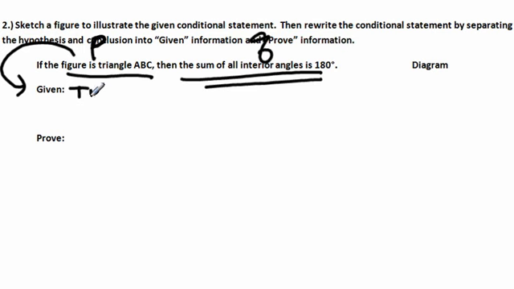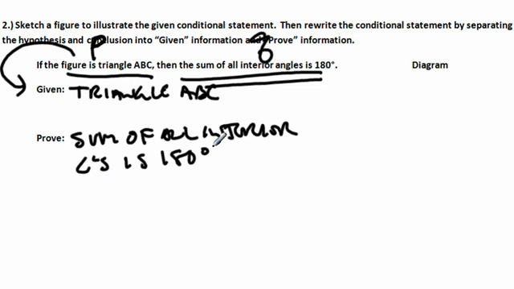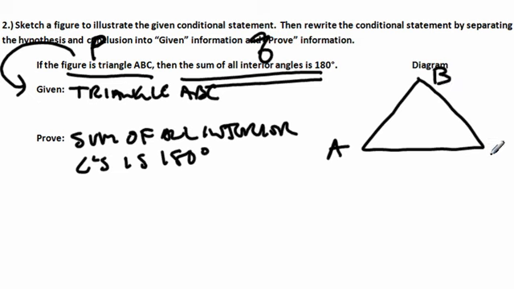So this would be triangle ABC, and this would be the sum of all interior angles is 180 degrees. And the diagram looks like this: A, B, C. All right, moving on to the next question.